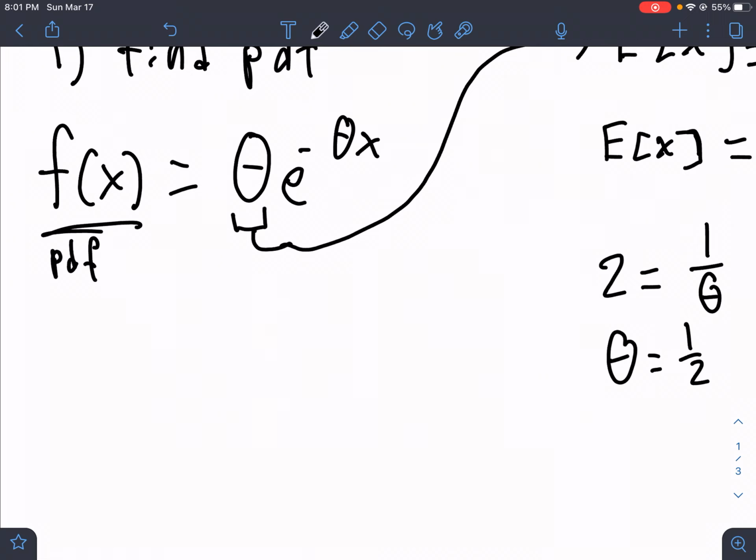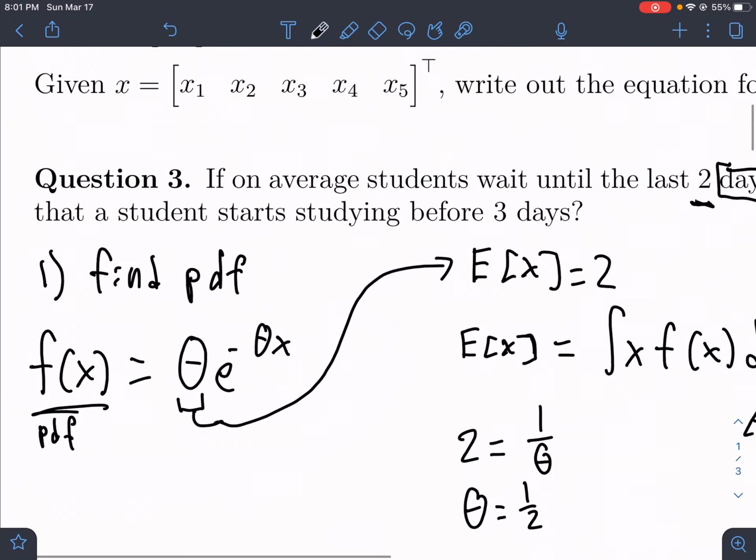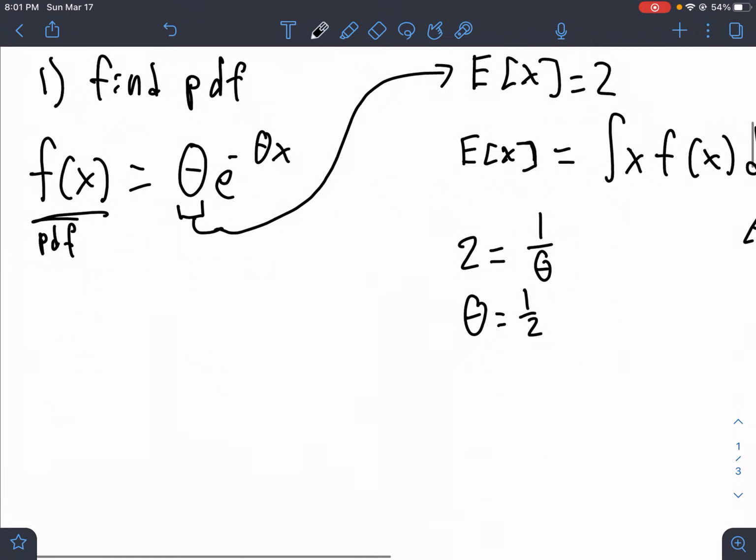All right. So now that we know that theta equals 1/2, what are we going to do with that? Well, we're asked, what is the probability that a student starts studying before 3 days? So this is not asking for the probability at a specific point in time. If we were asked for the probability that a student starts studying at 3 days, we would use the PDF. But we're asked for a range of time.